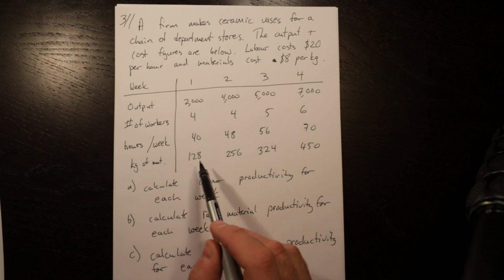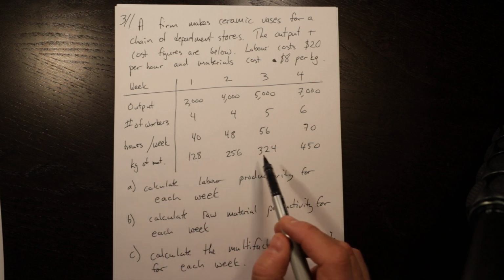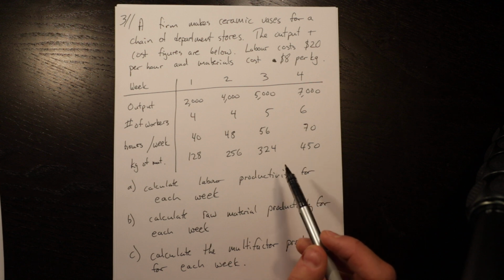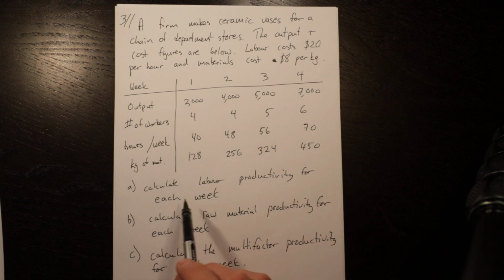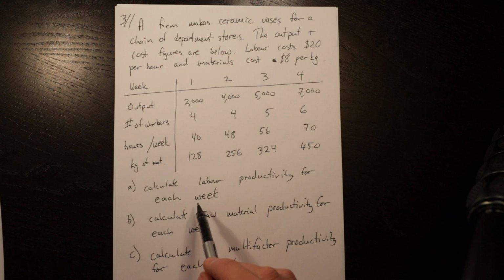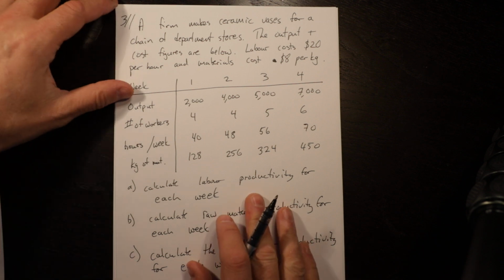And the kilograms of material, 128, 256, 324, and 450. And the questions are: calculate labor productivity for each week, calculate raw material productivity for each week, calculate the multi-factor productivity for each week. So let's proceed through those questions.